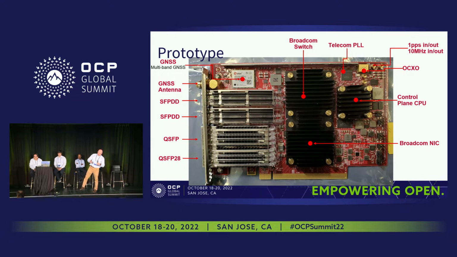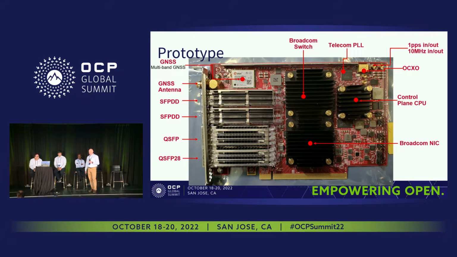So the front panel has effectively the GPS antenna. It has 2 QSFP interfaces, and you can use breakout cables to get to more ports. And we also had SFP-DD modules in order to get additional ports to that interface as well.